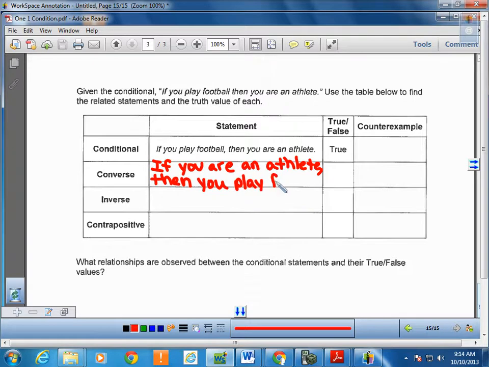Is this going to be true or false? If you're an athlete, then you play football. If you're an athlete, can you play other sports? Because you can be an athlete and play other sports, this is false. So our counterexample is, can play other sports.